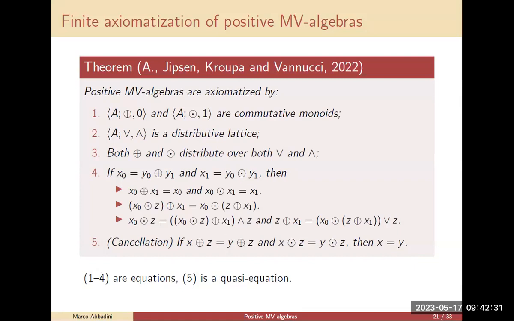Another question: do you have an easy example of a positive MV-algebra whose homomorphic image is not positive? Yes. This was given by Gibson, Colorado, and Kuhlmann.